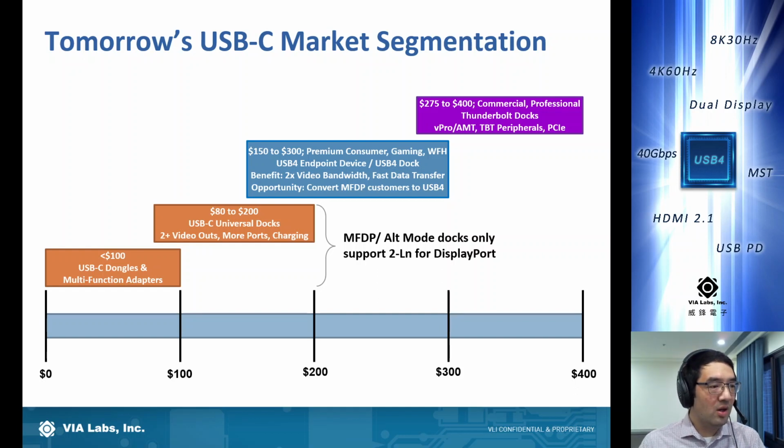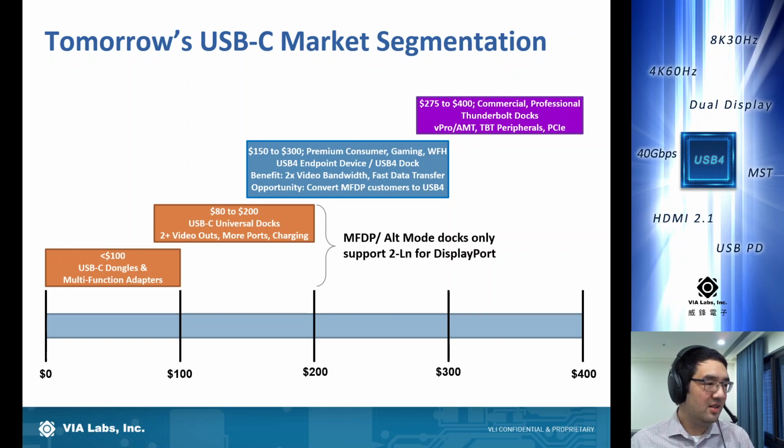So for USB 4, we actually have a similar video and USB data capability compared to Thunderbolt 3. So we kind of hope that USB 4 can fit in the market as the better than DP alt mode segment. And then if you really need the Thunderbolt peripheral devices or you need PCI Express, then you move up there to the Thunderbolt side.